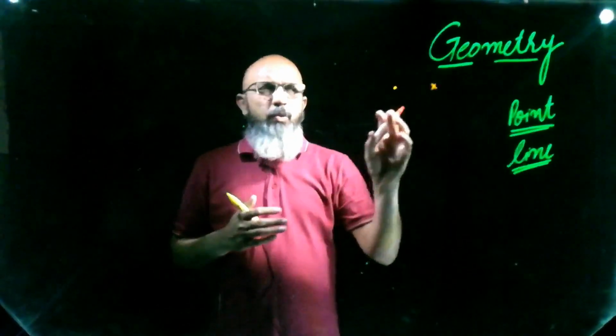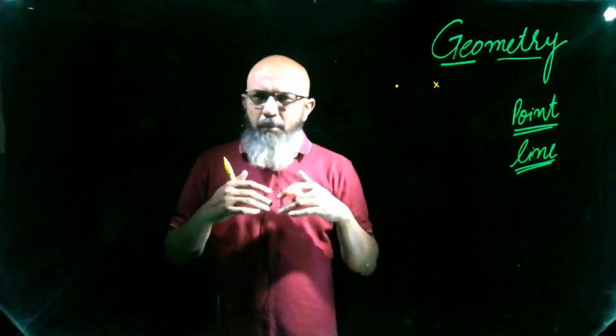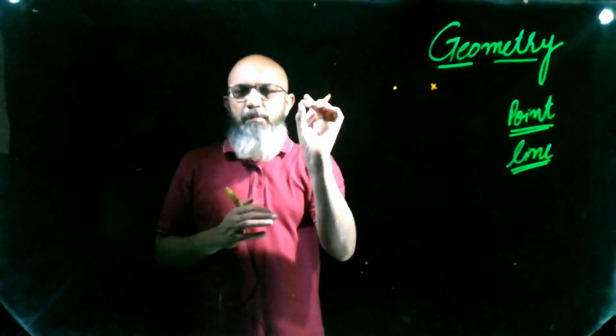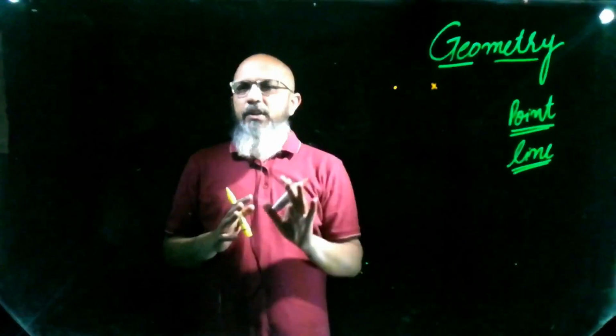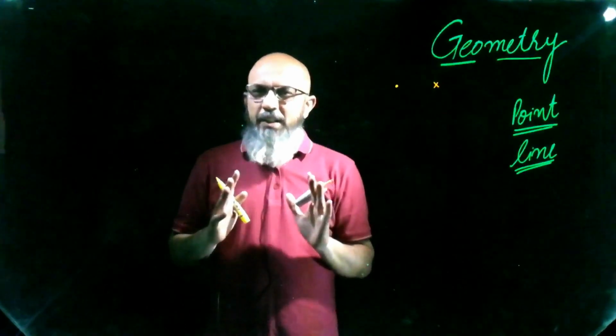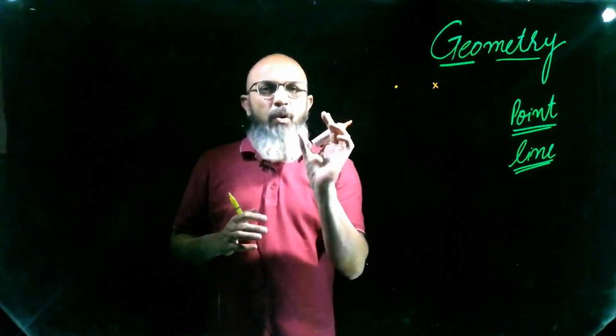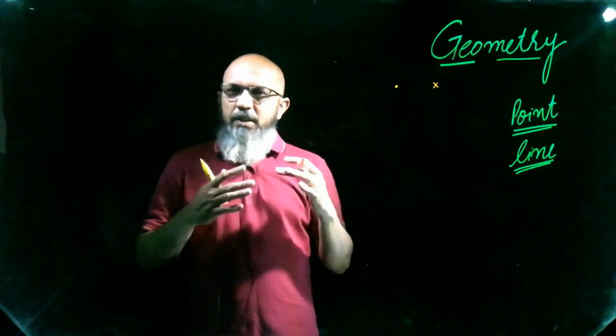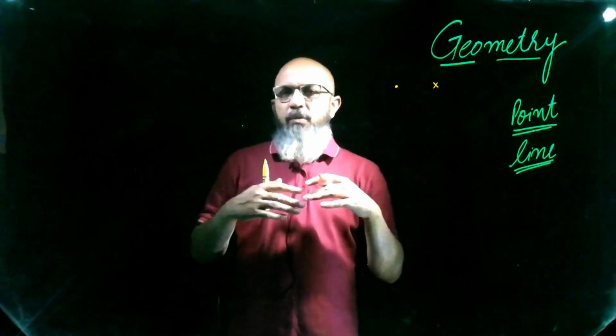In some cases we also show it by a cross, but in most of the geometrical shapes in your book we will show it by a simple dot. It has no size or shape, only a position. A shape is a collection of a lot of points.